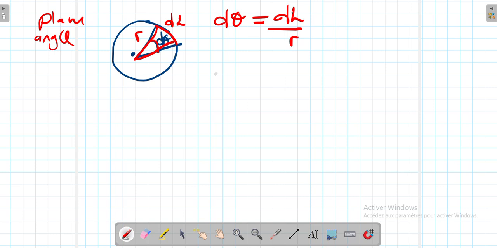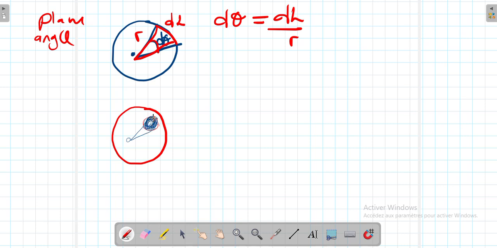So this is the plane angle. Now, there's what we call solid angle. Imagine this is a sphere, so that angle will subtend, instead of an arc length, a surface. By surface, I mean area. There will be an area subtended here by that angle. It's in 3D, this is a sphere.